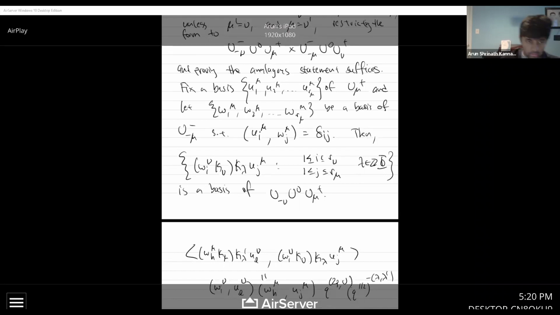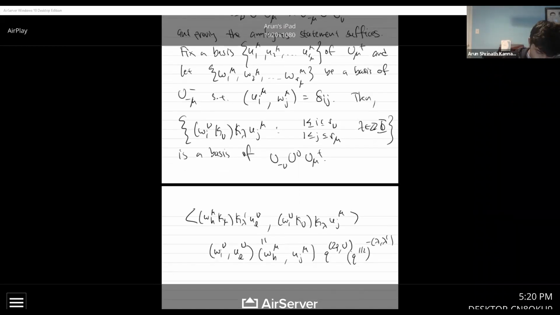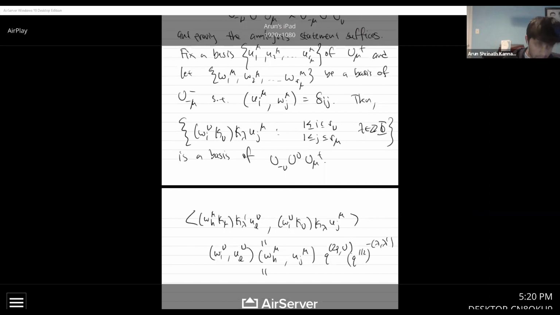Again, I'm just expanding out the definition. Because of how we constructed the dual bases, this is δ_il δ_hj q^{2ρ^ν} q^{(1/2)(−λ')}.